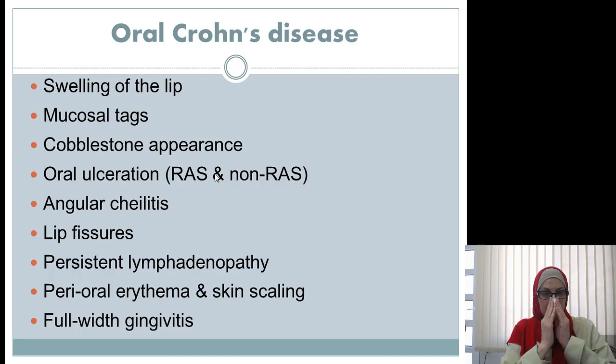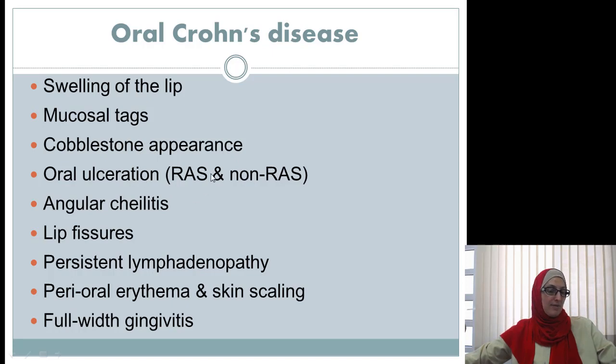And in this slide, I'm showing you some of the changes that might occur within the oral cavity. In the coming slide, we will see the images for these changes. So swelling of the lip, mucosal tags, cobblestone appearance might occur in the oral cavity.